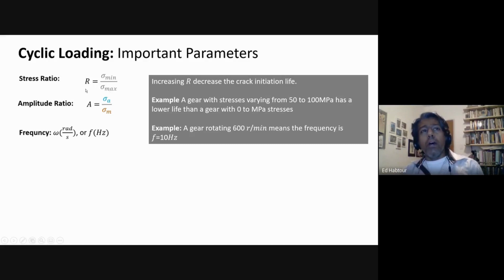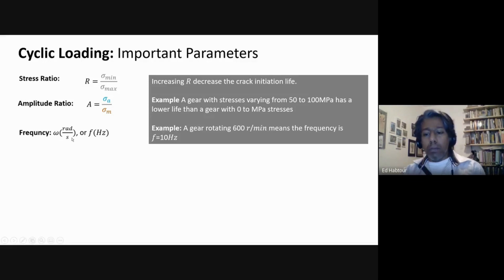An increase in the R really means a decrease in the crack initiation life. The amplitude ratio is nothing more than the amplitude divided by the mean. Okay, just another way of looking at or quantifying the load in terms of ratios.